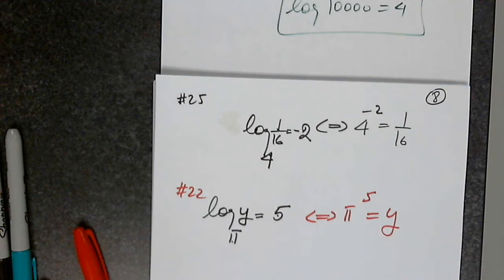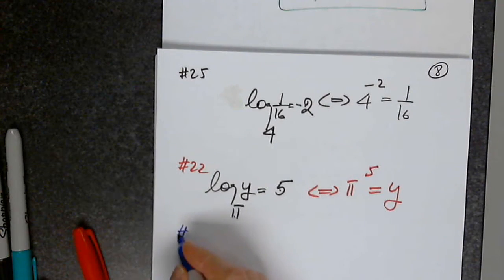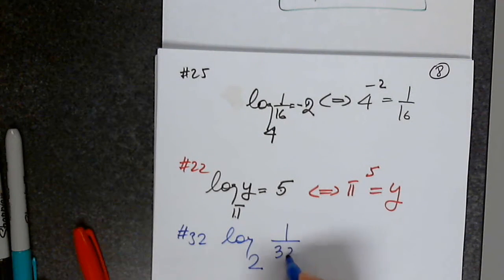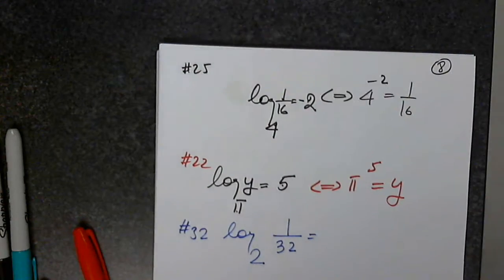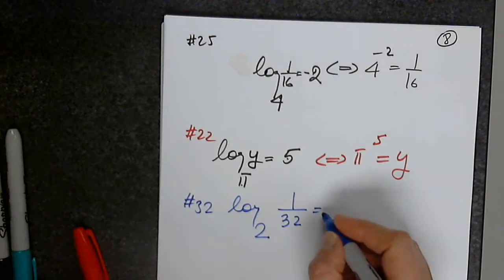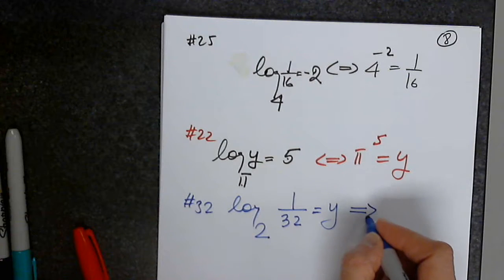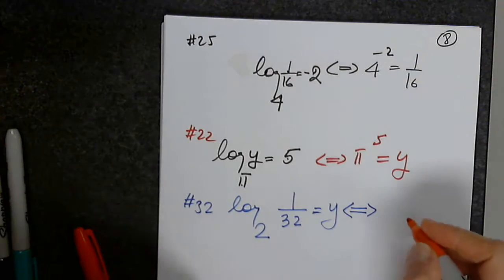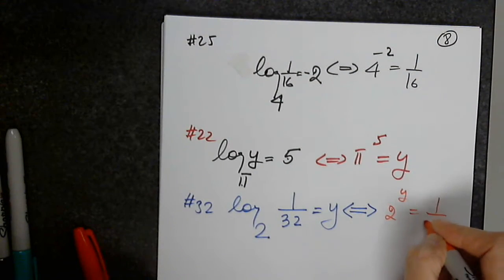Okay, so now it says find the value of each log expression. Fine. So 32. Log base 2 of 1 over 32. I have no clue what this is. I'm going to say this is y, but I know that this can be replaced by an exponential equation, and that's what I'm after. Which exponential equation? Very good.